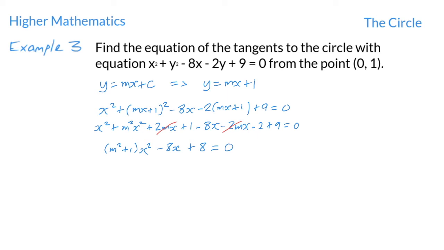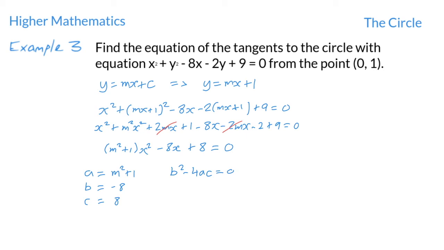We have our quadratic, which we always have in the situation of putting the equation of a line into the circle. We just still don't know the value of m. But now, if we write down a checklist of a, b, and c for this quadratic, so a being the coefficient of x squared, b is the coefficient of x, and c is the constant term, then we can recall that in the quadratic theory chapter, we know that if a quadratic only has one solution, then the discriminant b squared minus 4ac must equal 0.